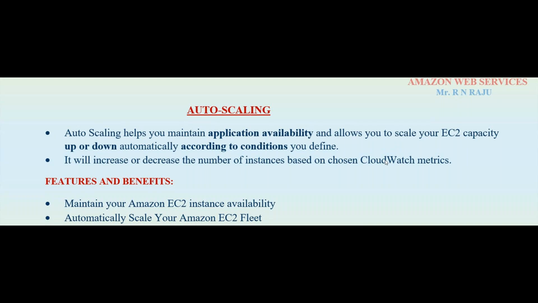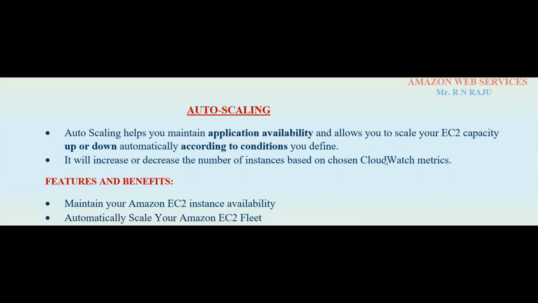Right. The first very important thing while running auto scaling is to maintain application availability. I mean the application is continuously available with the help of auto scaling. And how is it possible?